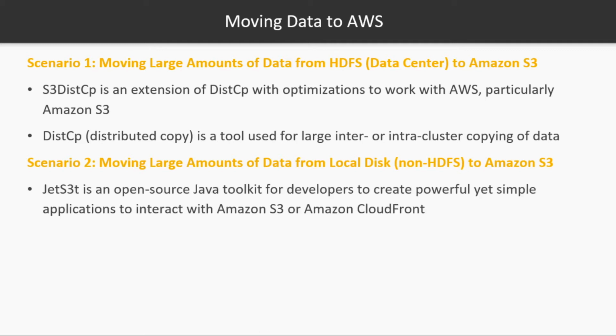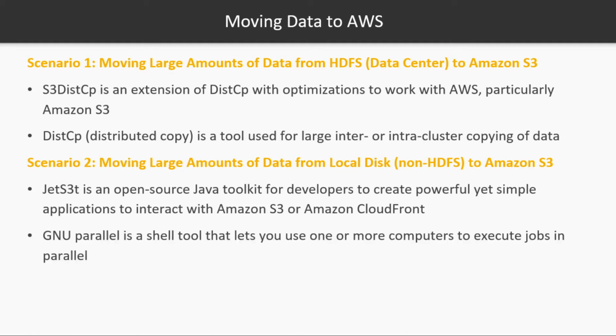JetS3t is an open source Java toolkit for developers to create powerful yet simple applications to interact with Amazon S3 or Amazon CloudFront. It provides low-level APIs but also comes with tools that let you work with Amazon S3 or Amazon CloudFront without writing Java applications.